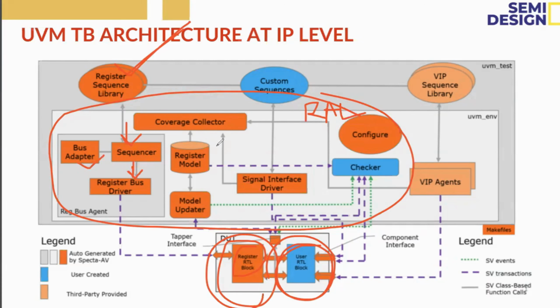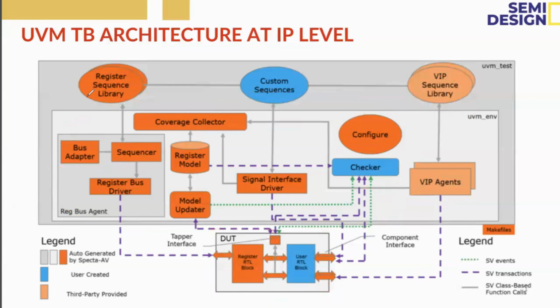And here there is a register model, model updater, and the signal interface to the driver, and here the VIP agents to the coverage collector, and here the VIP sequence library and custom sequence. If you see here the adapter, actually I think the communication should be like this: register sequences to the register model, that means the adapter.